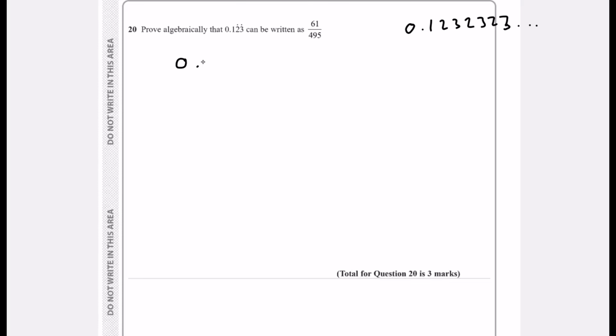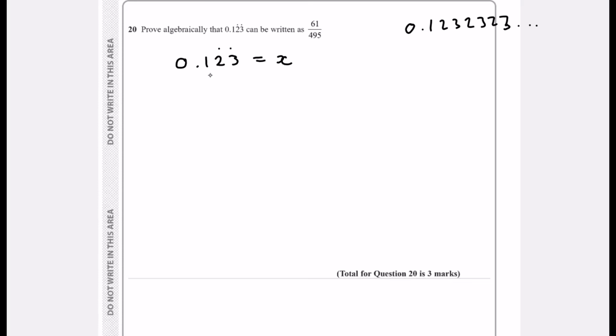So let's take our 0.123 recurring and call it x. Make sure in this question we're using recurring notation. So don't leave out these two dots over the 2 and the 3. The alternative would be to write it like this, with dots showing it's going on after.